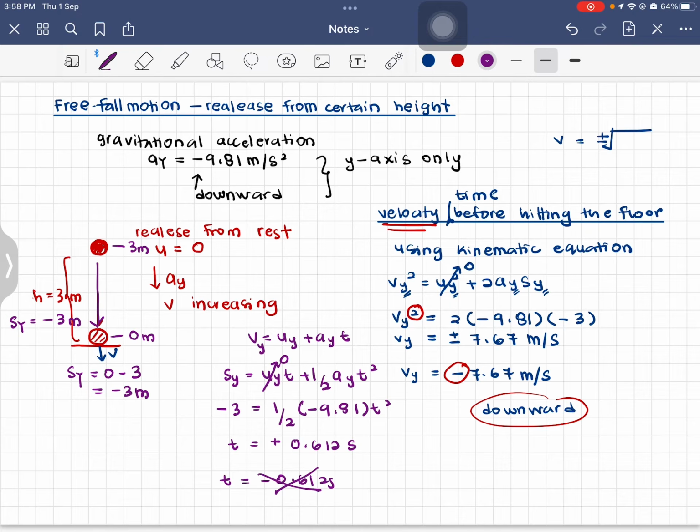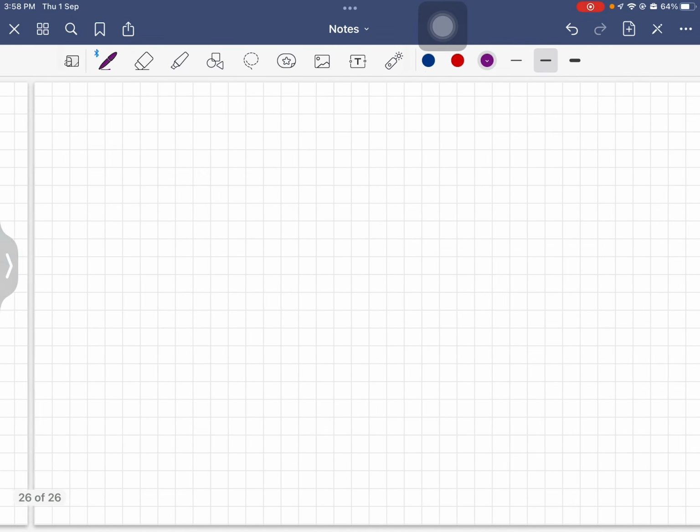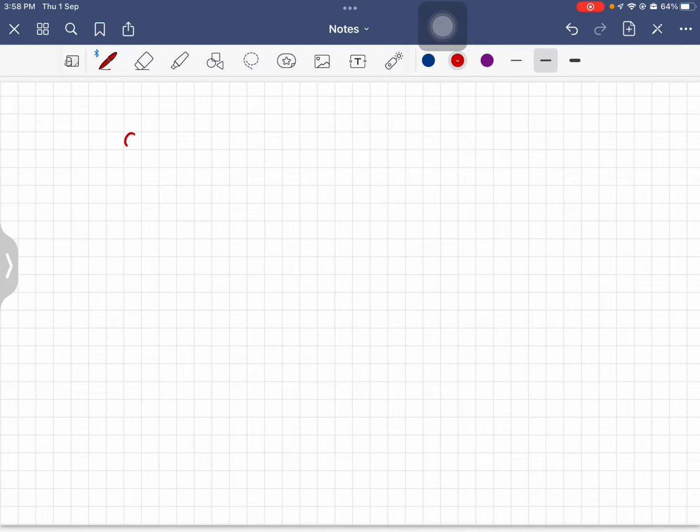Alright? Okay, now if your ball is released with a velocity, let's say it is released with a velocity equal to 20 meter per second. Wow, fast. Never mind, we consider it 20 meter per second. And it is released from 3 meter, so the height is equal to 3 meter, so that your Sy should be negative 3 meter. When you have an initial velocity, your velocity will keep increasing until before your ball hits the floor. When it hits the floor, your V is still downward.